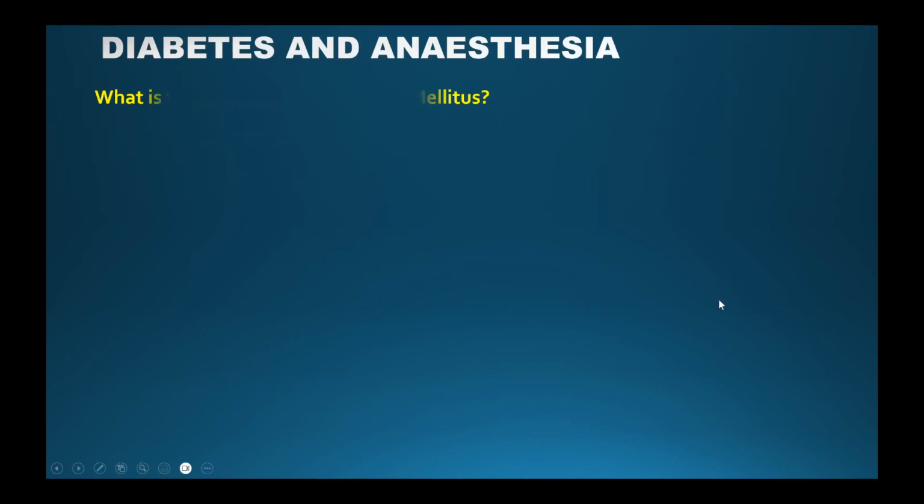So, first thing is why it's called diabetes? The name. From where is the name diabetes mellitus derived? What languages are involved in this naming? Greek.